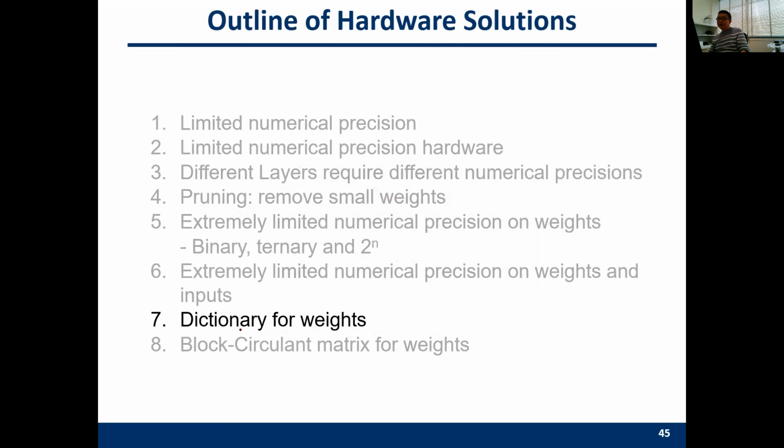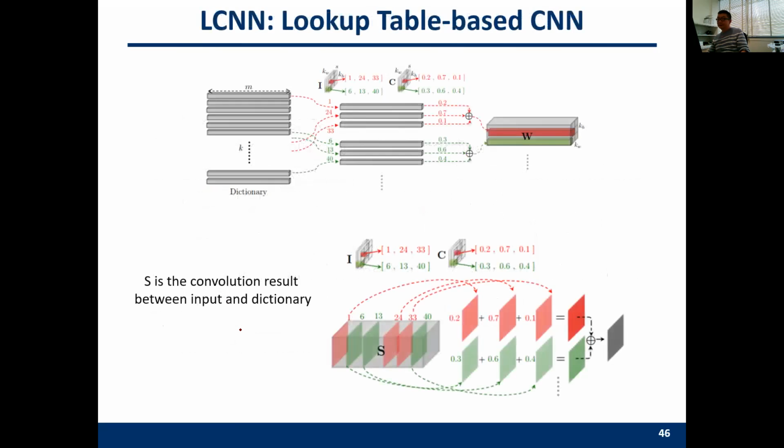And the point 7 here is we can create a dictionary for the weights. Instead of having a lot of weights, we can use some dictionary entries to dynamically build the weights by multiply and accumulation operation.